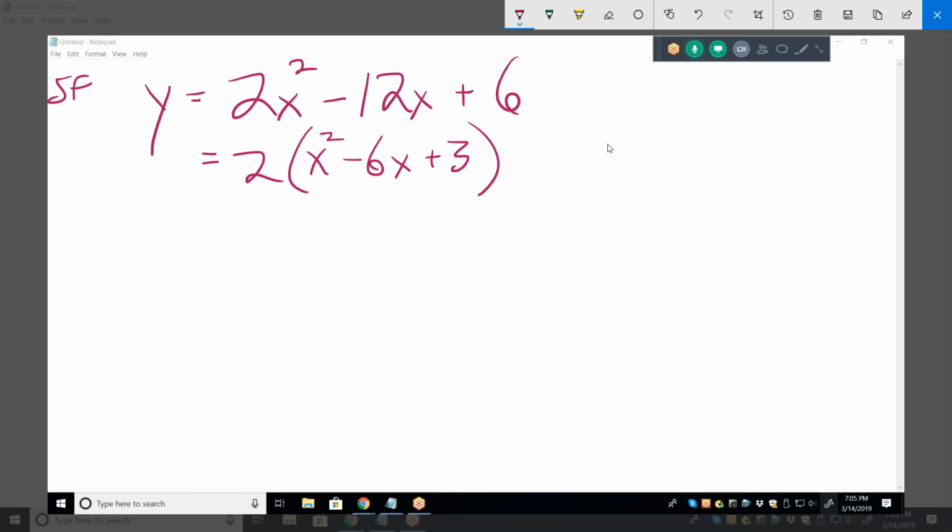So I can't factor it without using the quadratic formula. I could use the quadratic formula, but then it gets a little messy and your X intercepts are radical numbers.